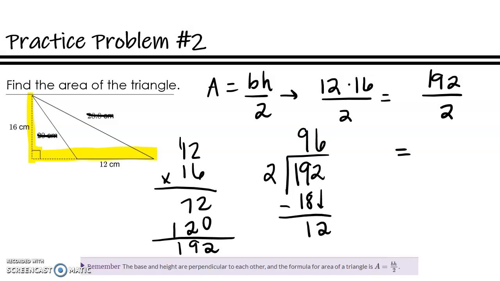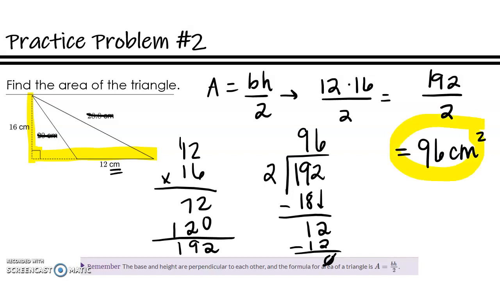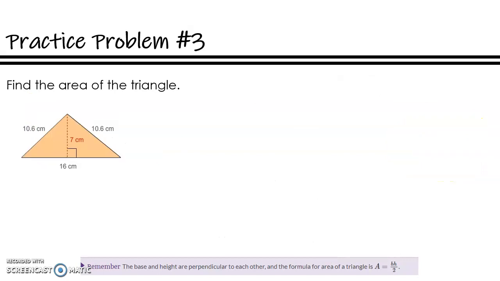And that is exactly 96 because it zeroes out. So my answer is 96 centimeters squared because they have the units of centimeters. Here's practice problem 3. Again, I challenge you to first think about what is the base, what is the height, and then go ahead and give it a try.